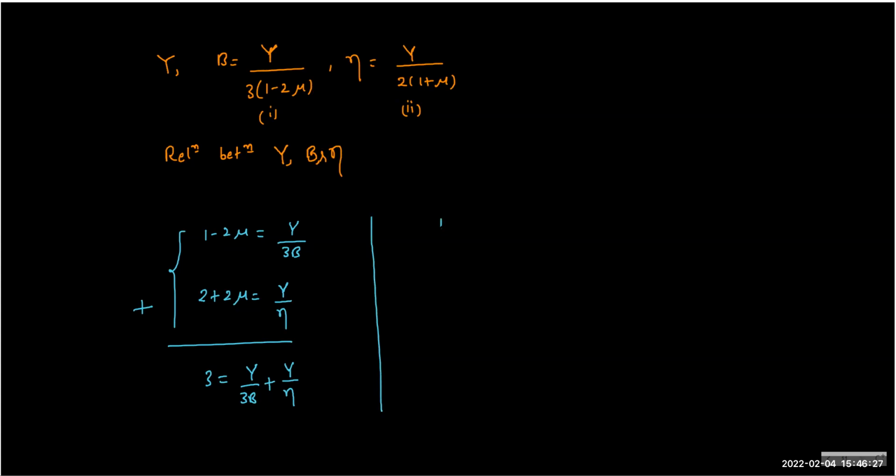So that is the relation: 1 by Y is 1 by 3 eta plus 1 by 9B. So this is the relationship. This was a JEE question, 2020 or 21, I don't know.